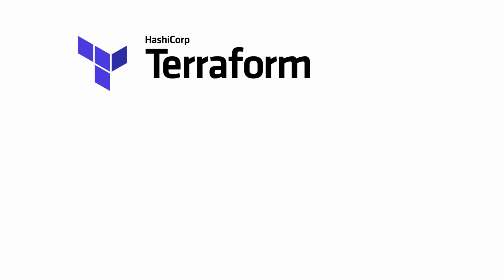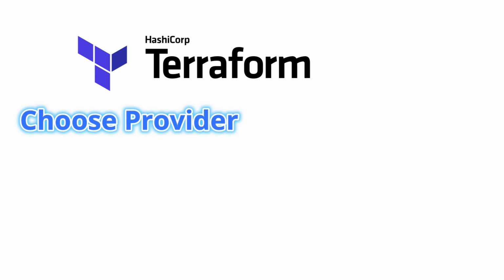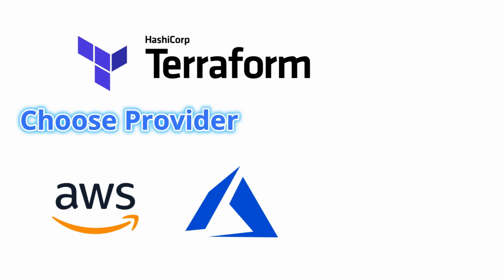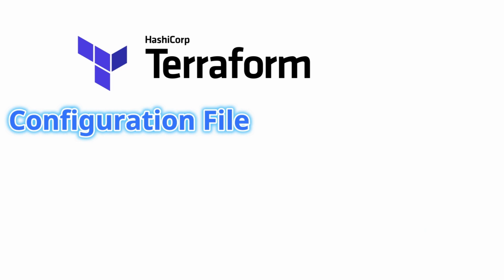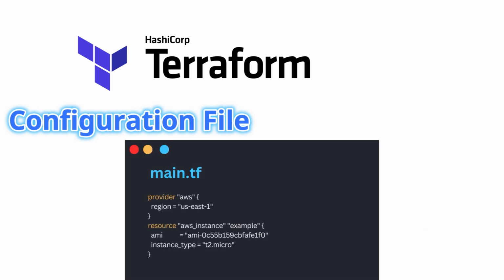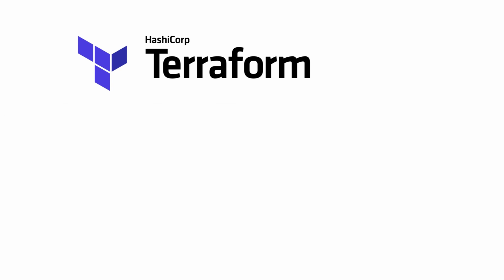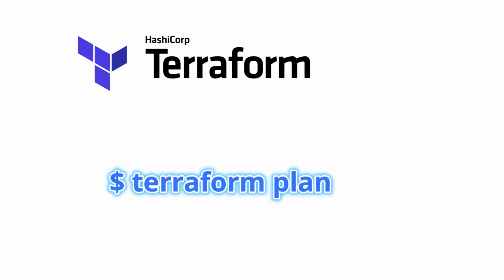Then you have to choose a provider. It can be AWS, Azure, or Google Cloud. Then you have to write Terraform configuration in HCL that defines your infrastructure resources. Then, second last, you have to run the plan command to preview the changes that Terraform will make.